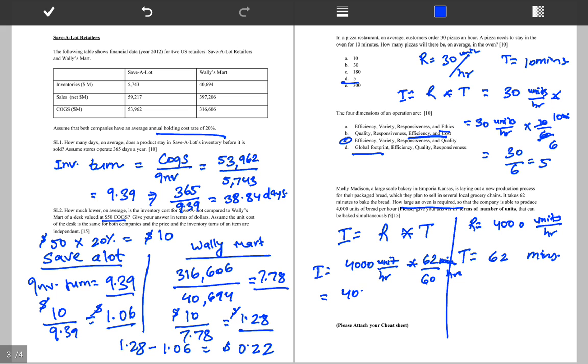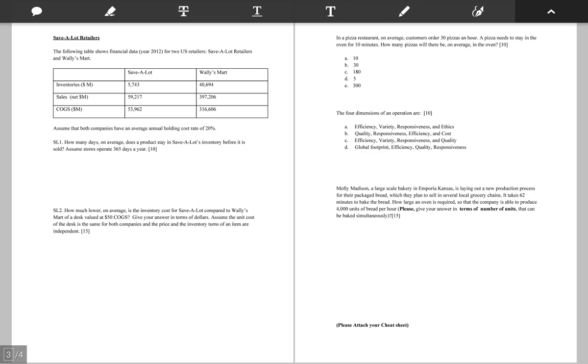So 4,000 multiplied by 62 divided by 60 is nothing but 4,133.33. So the inventory in the system would be on average 4,133 units of bread. So the inventory must be at least this large.